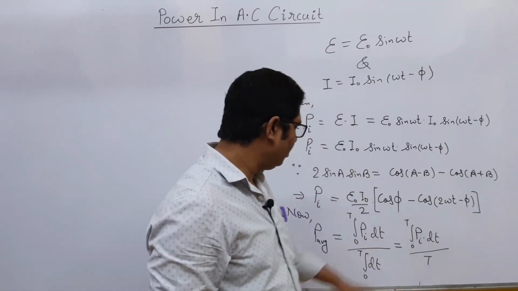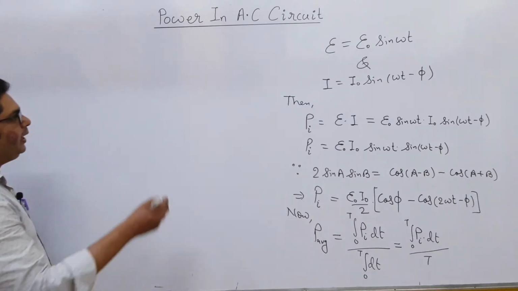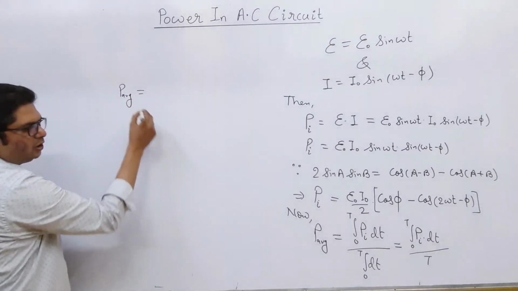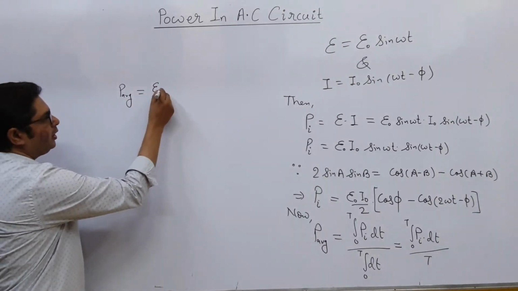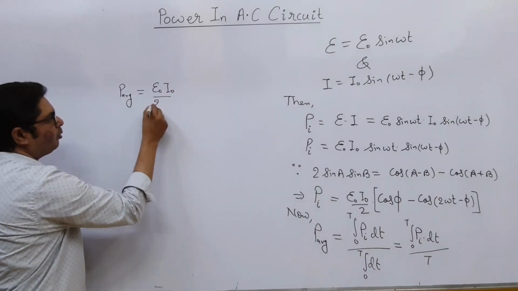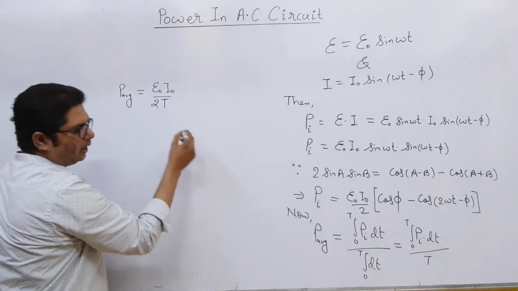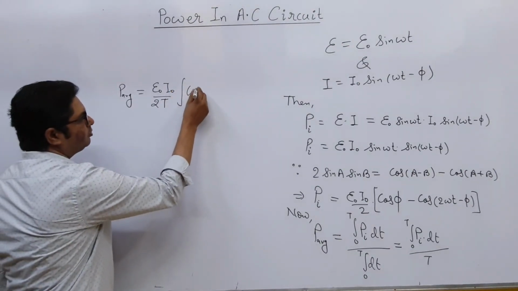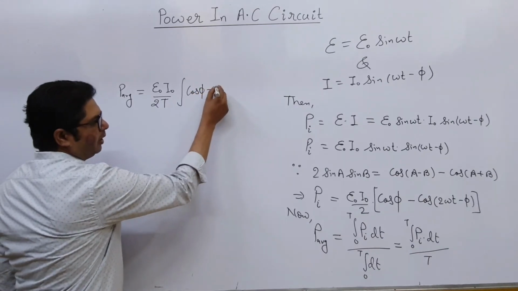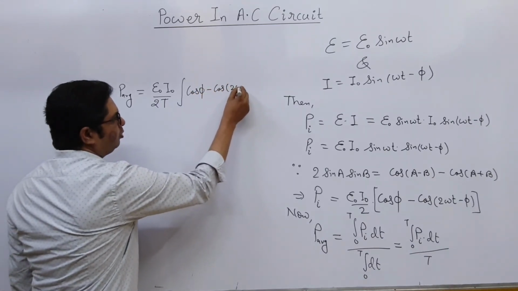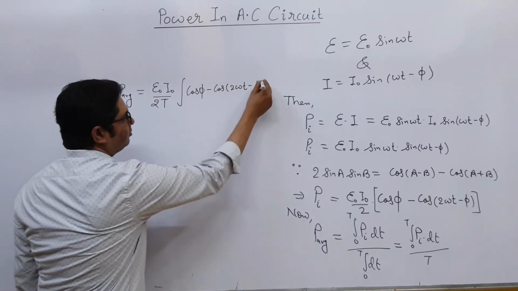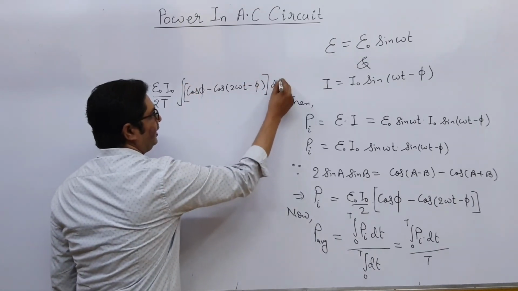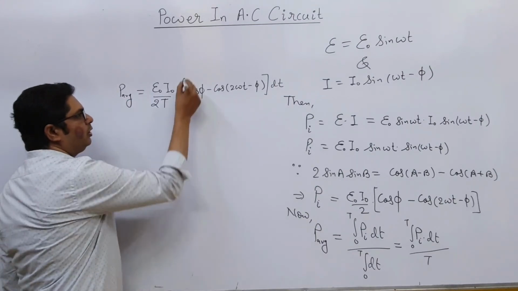You get P average equals E naught I naught upon 2T, and the sign of integration, you have bracket cos phi minus cos(2 omega t minus phi), bracket closed, dt from 0 to T.